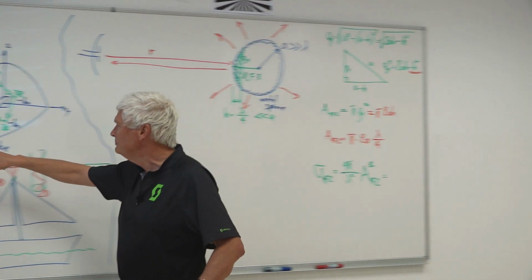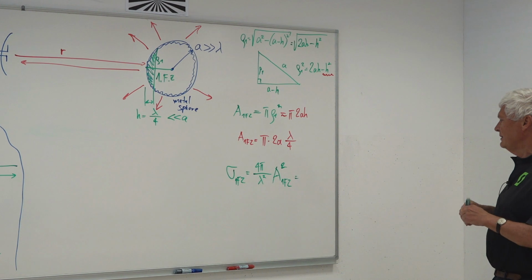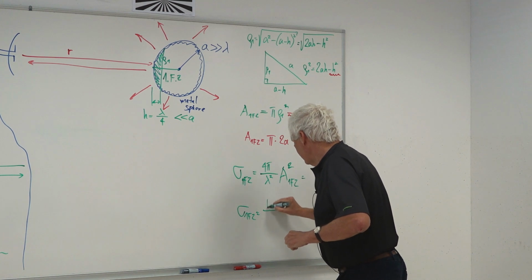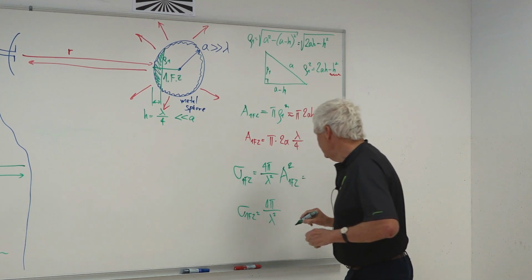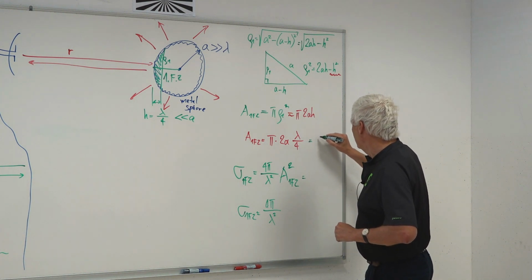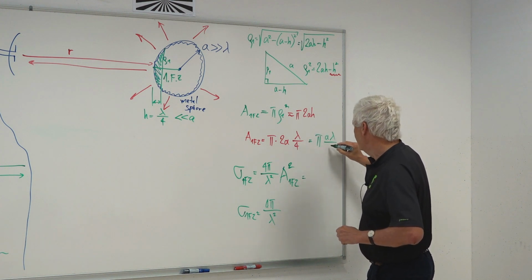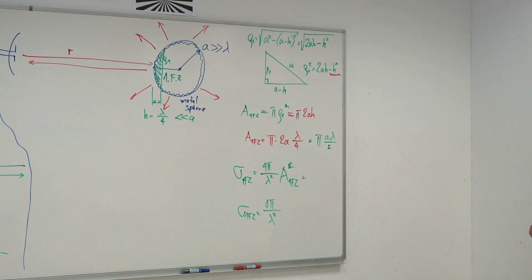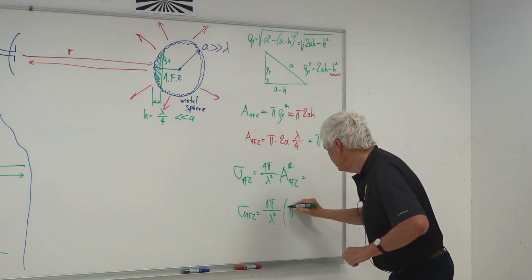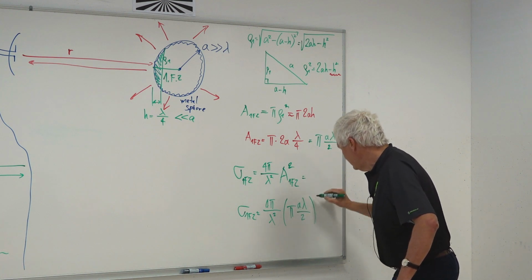Because I look at the first Fresnel zone as a flat area, sigma of the first Fresnel zone is 4 pi over lambda squared times this area, which is pi times A lambda over 2, squared.